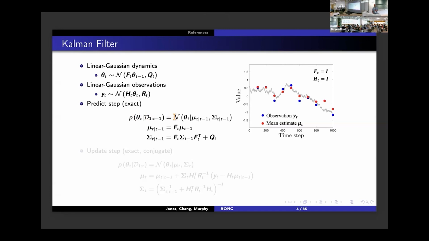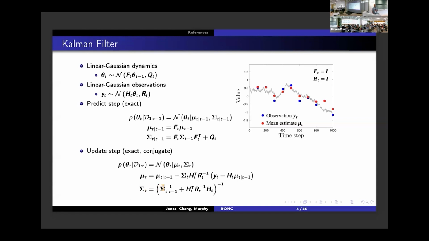Your prior at time t is derived from the posterior at time t minus 1 just by pushing through the dynamics. So F and Q define the dynamics going from theta t minus 1 to t. And then the update step after you observe yt is just Bayes' rule. If we think in terms of, I can start tying to MT's talk here, the sigma inverse is one of the natural parameters, and you're just adding natural parameters.